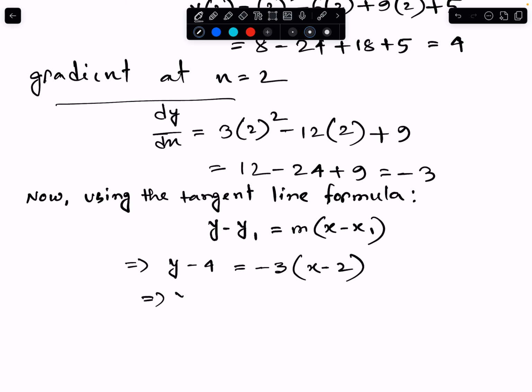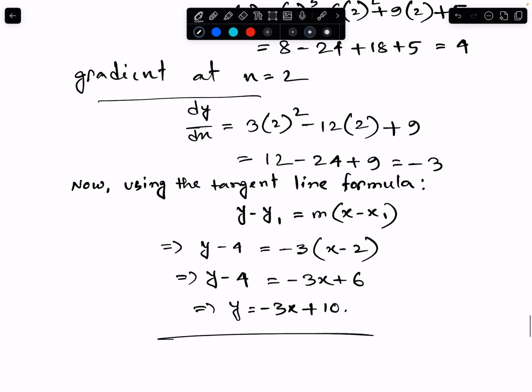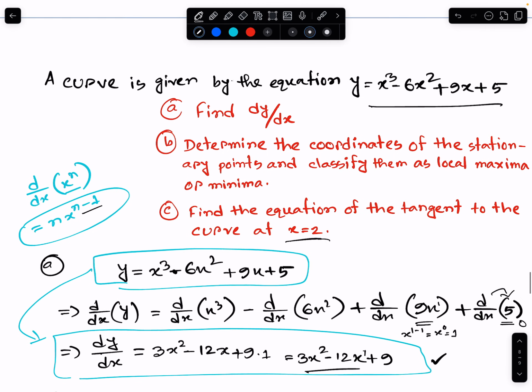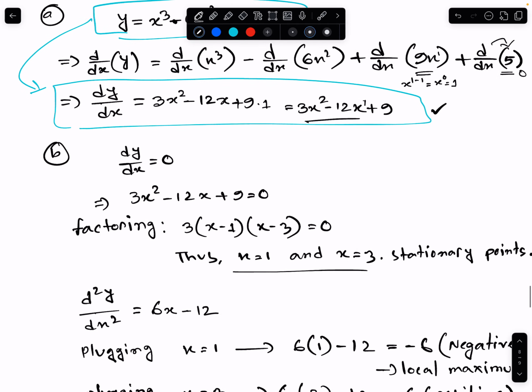So we get y minus 4 equal to minus 3x, minus 3 times minus 2 is plus 6. So we get y equal to minus 3x plus 10. This is our equation of the tangent to the curve at x equal to 2.